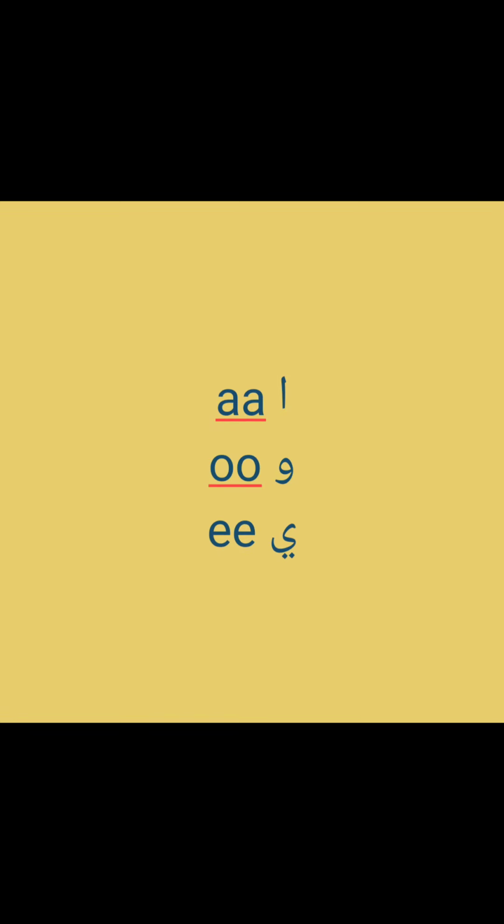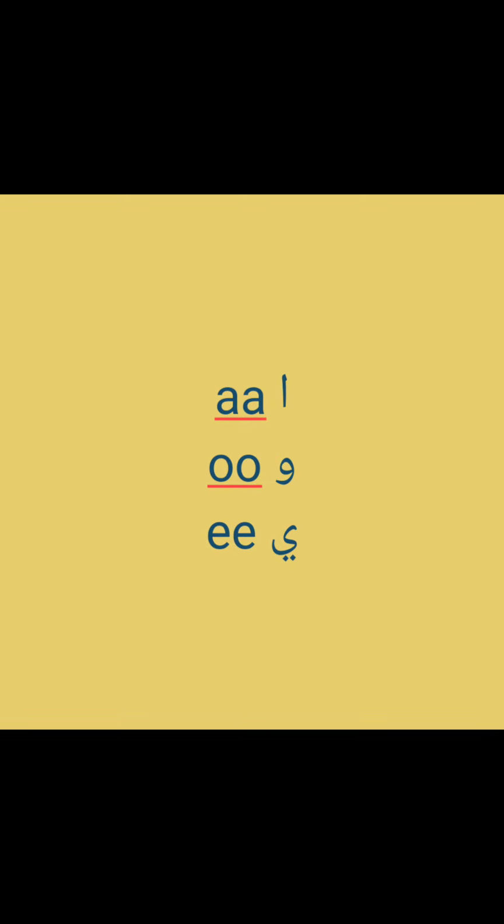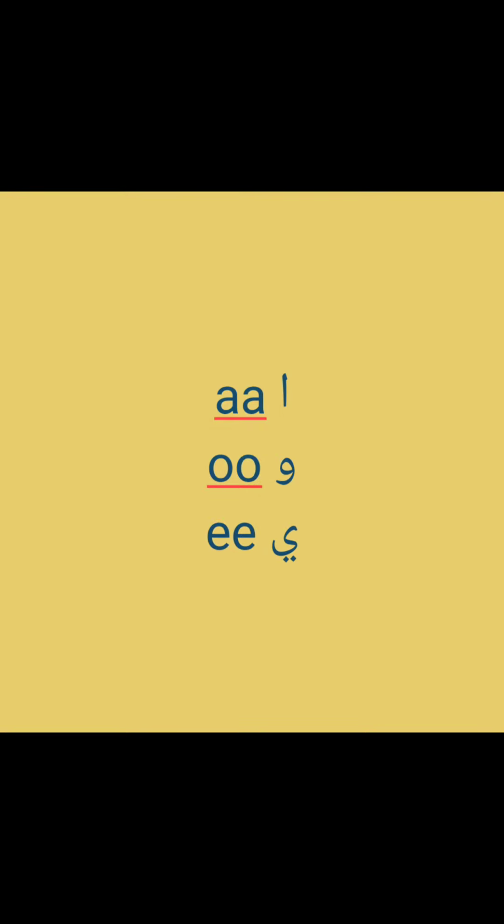Now that you learned how to write these alphabets, you must know that they can be consonants or vowels. So, as vowels, Alif is a, Waw is oo, Ya is ee. Let's see examples of words that don't really mean anything.